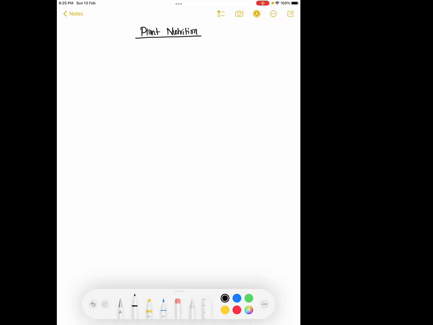Obviously, if we start with the external leaf structure, which means, you know, how does the leaf look from the outside.